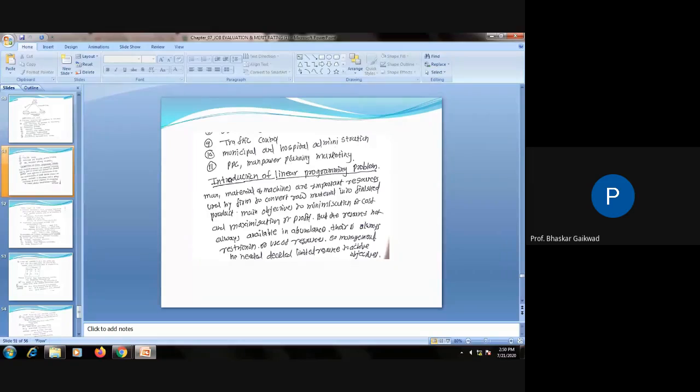In industry, man, material, machines, money are the important resources used by firms to convert raw material into finished product with mechanical or some other means. The main objective of firms is to get maximum profit and cost reduction, but resources are not always available or in bulk.